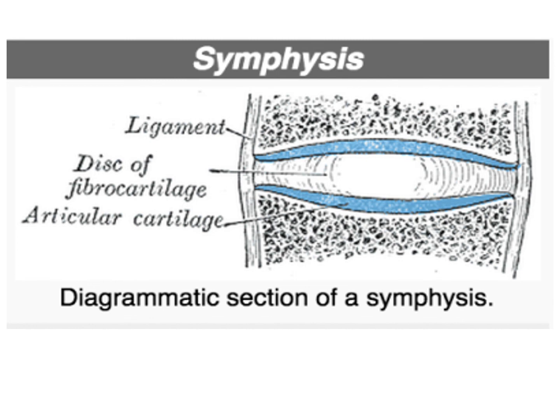Here you can see the disc of the fibrocartilage present in the center. Then you can appreciate the blue color, that is the articular cartilage, that is hyaline cartilage basically. On upper and lower sides of the articular cartilage there is bone.